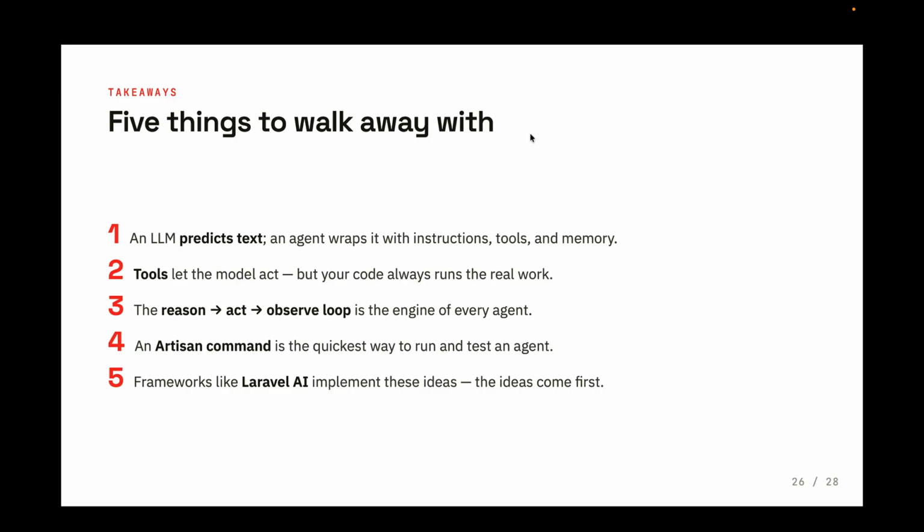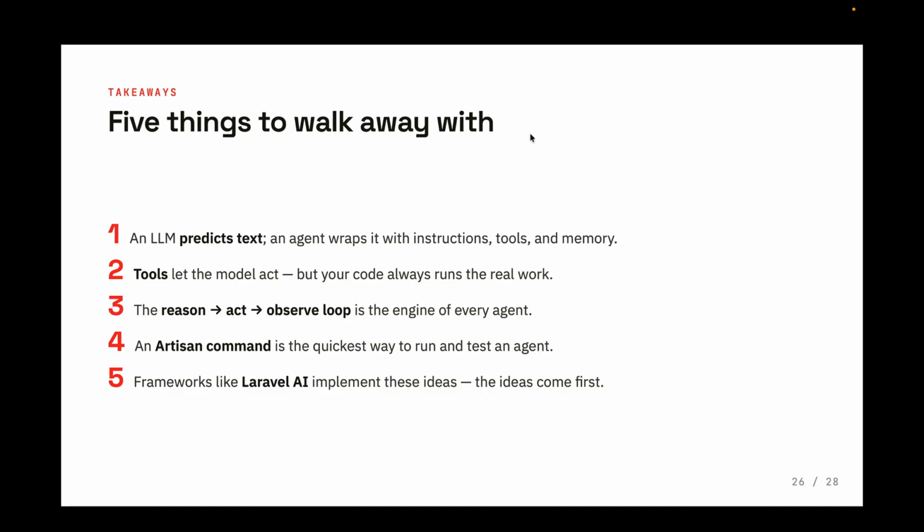So some things to walk away from this presentation with is, again, models or LLMs. Their very simple job is to predict text, but we can wrap that predictive model in an agent and give it instructions, tools, and memory to make it do more work for us. The tools let the model act. Your code always runs the real work, all right? So number 3, the act and observe loop is the engine of every agent, right?